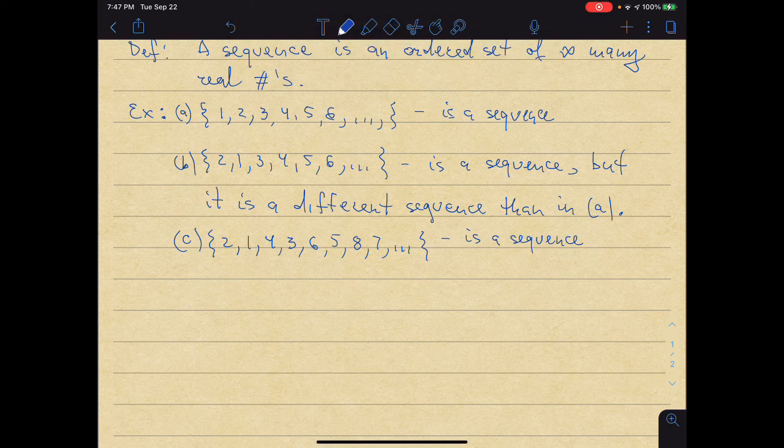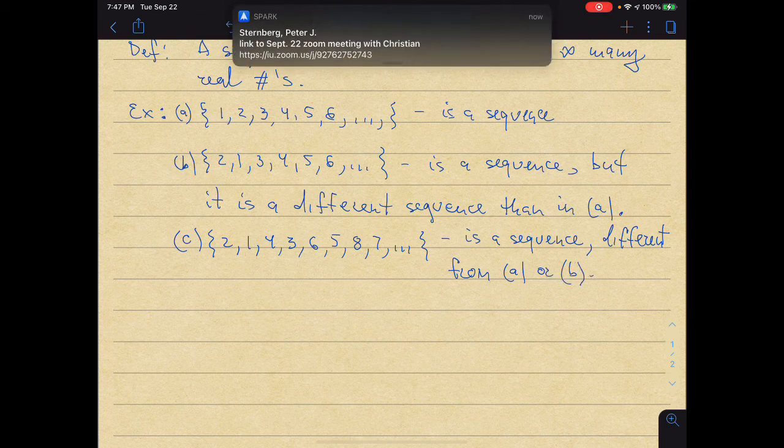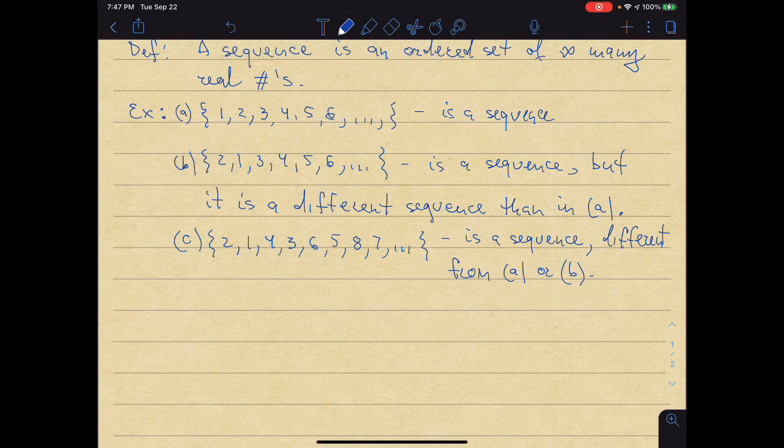But again, this is different from A or B. Even though the elements that we are using in both cases are exactly the same, those are natural numbers, nevertheless these sequences are all different.